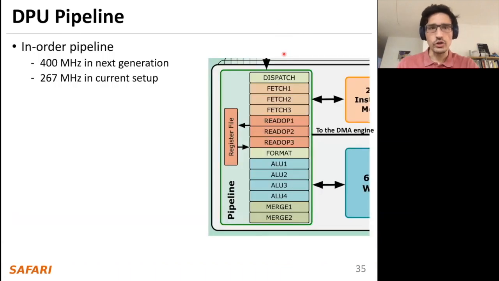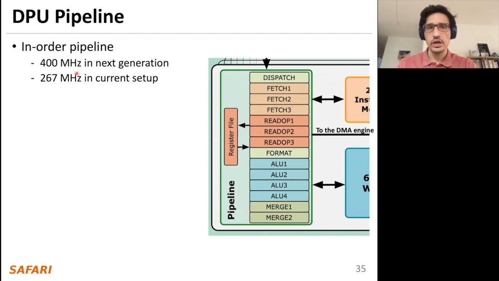So if we take a closer look at the pipeline, in the next generation, supposedly, this pipeline is going to run at 400 megahertz. As you can see, it's a relatively low frequency for the processors that we are used to, but that's what can be achieved internally in DRAM, and in order to achieve this, it's necessary to have a relatively deeply pipelined core.